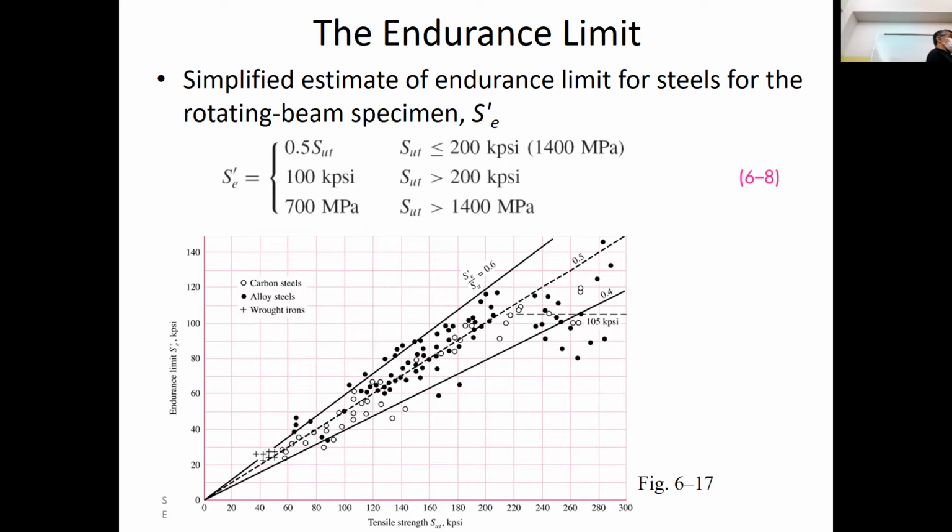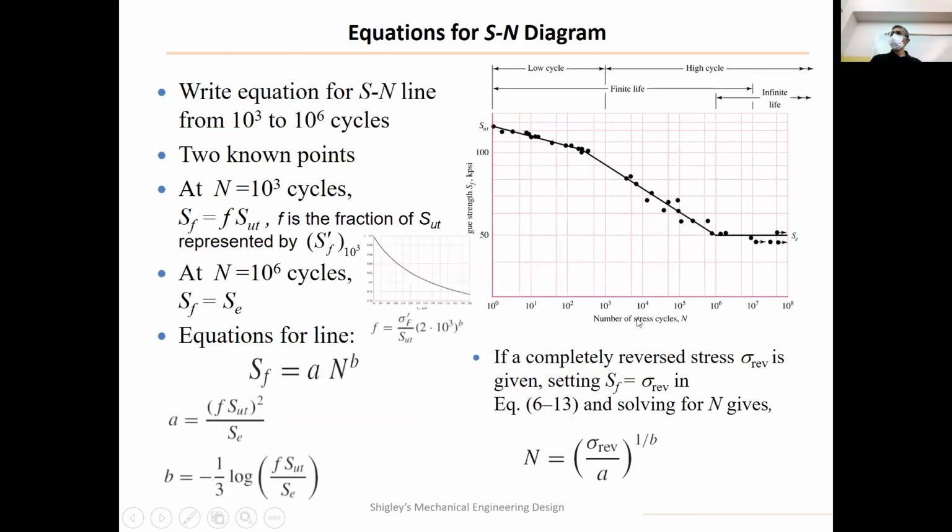The endurance limit for a perfect specimen is about 50% of the ultimate tensile strength, but we put a limit not to exceed 100 when I'm using kpsi, and not to exceed 700 when I'm using megapascals.